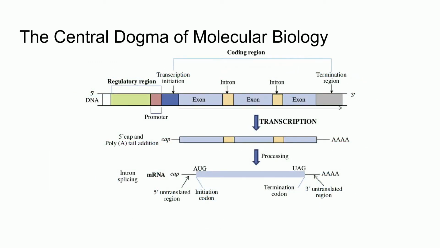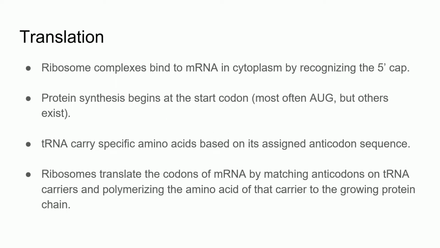So, to review, a gene codes for a messenger RNA. The mRNA is processed and then is ready to be translated into a protein. Translation is the conversion of the mRNA sequence into a protein and is based on a trinucleotide codon.